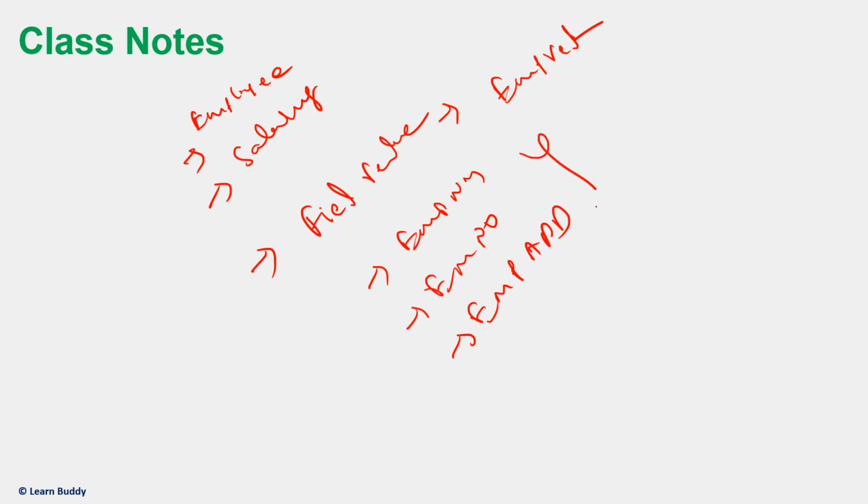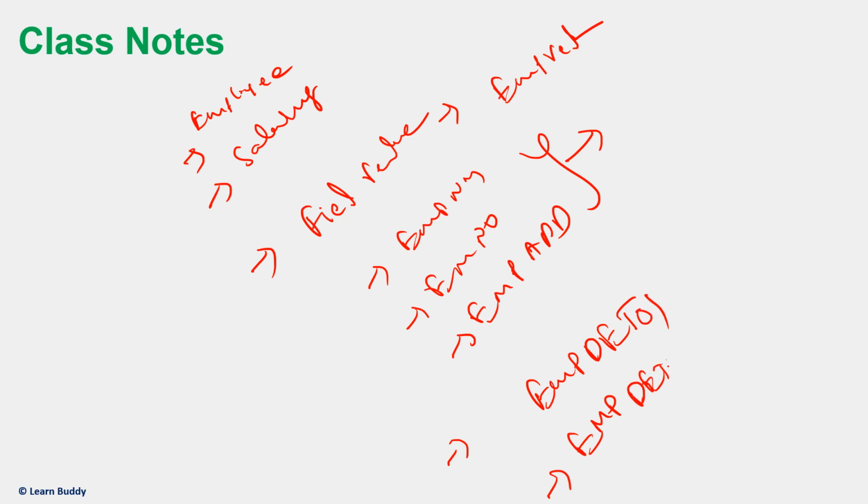Because these are fields I use multiple times in my other physical files, we'll create two more physical files called emp detail 01, the det01 file, and the det02 file. We'll create these two files.